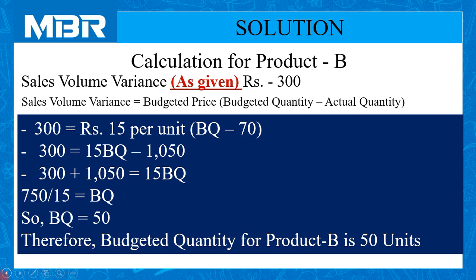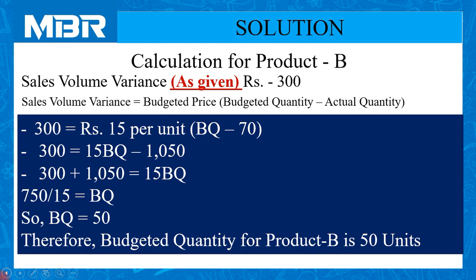At the end of the simplification, you will get budgeted quantity equals 50. So using this formula, we can find the value of budgeted quantity for product B, and it is 50 units.